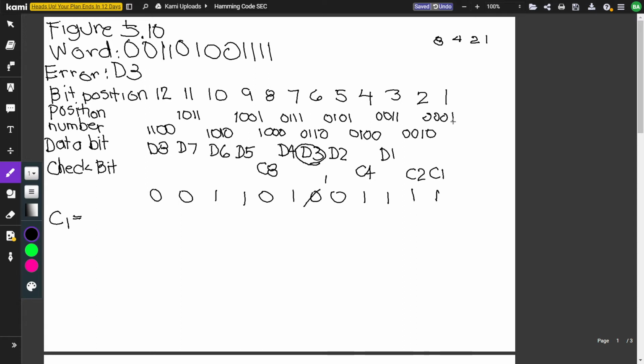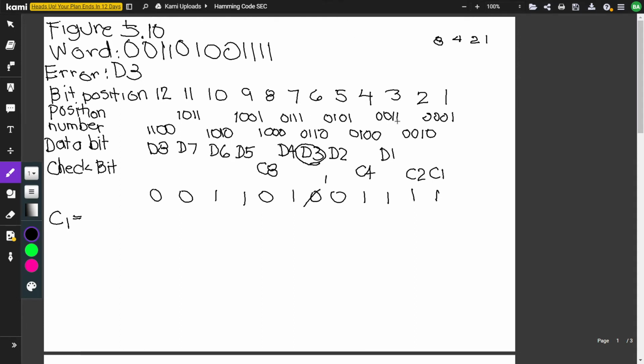C1 should contain the data bits with 1 in the position number. Let's disregard C1, C2, C4, and C8 because they are check bits.